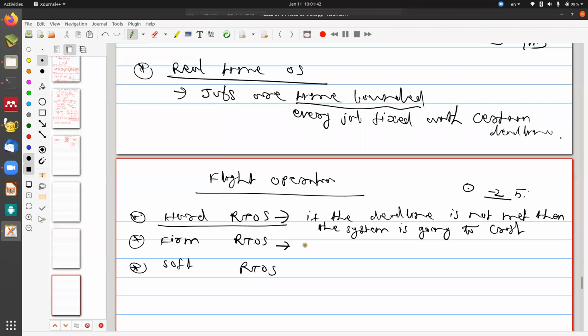Means what is it saying? If the deadline is not met, then the result has no use. But the system is not going to crash.